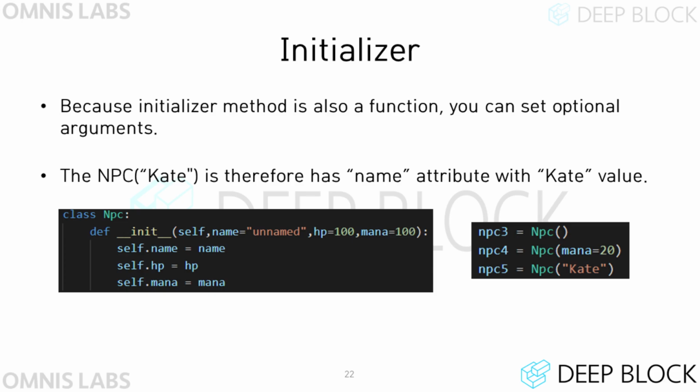If NPC is assigned to NPC4, NPC4 becomes an instance with name attribute value of unnamed, HP attribute value of 100, and mana value of 20. NPC5 becomes an instance with a name attribute value of Kate, HP attribute value of 100, and mana value of 100.